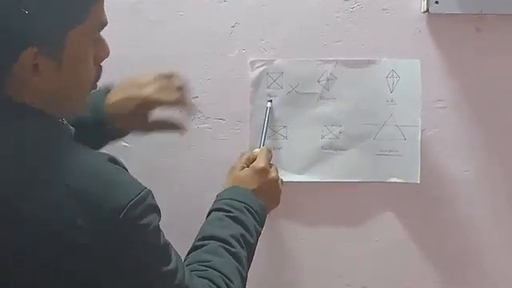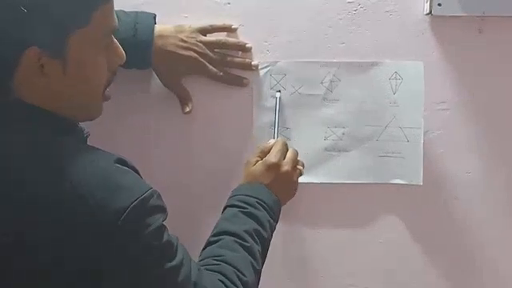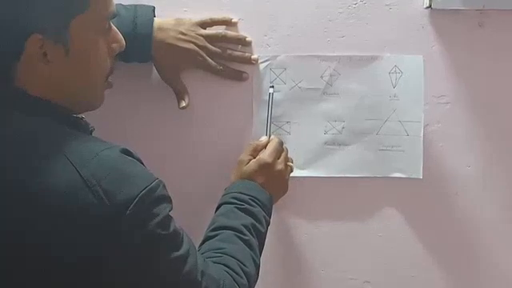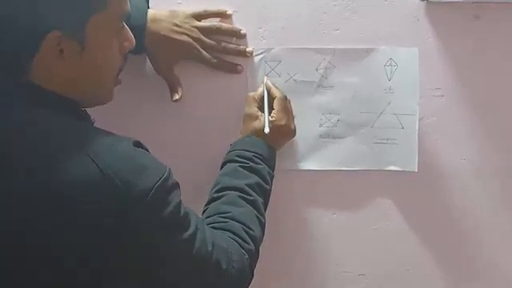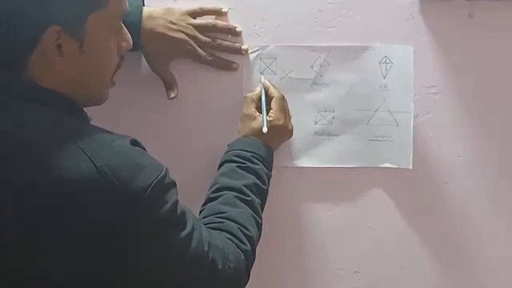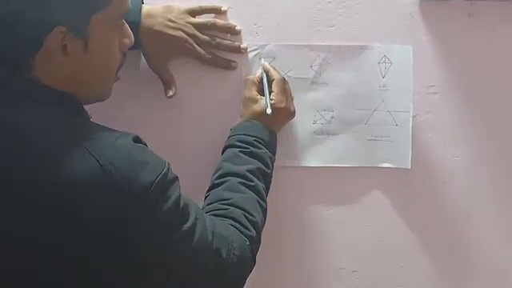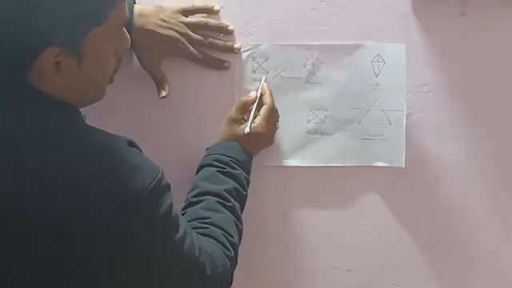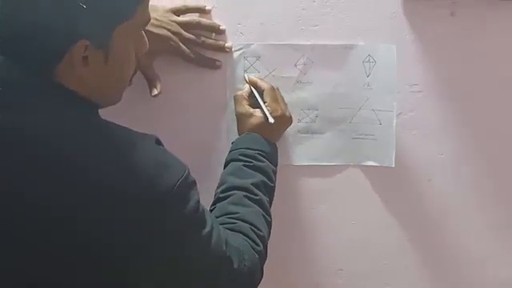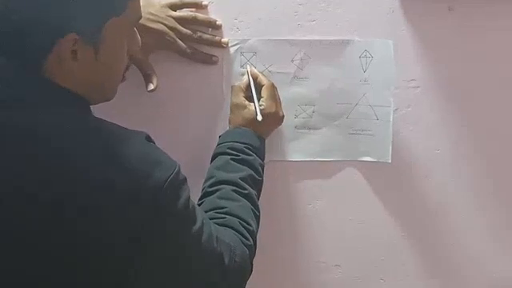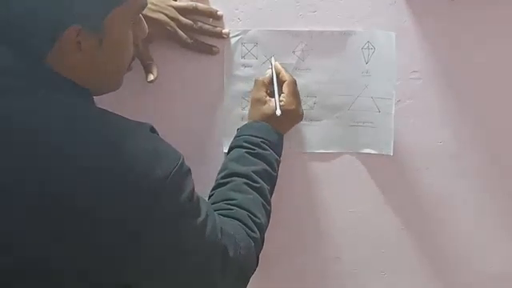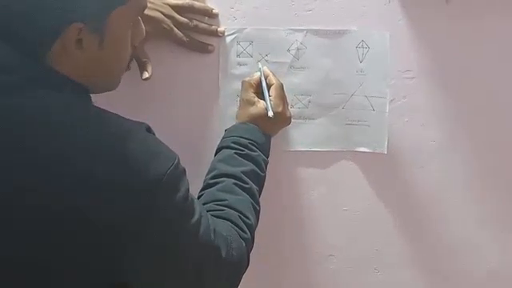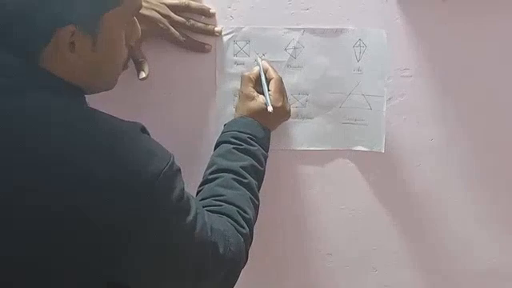Here four sides are equal to each other, as well as all the angles are 90 degrees. Adjacent angles are 90 degrees, and the diagonals bisect each other. It means that they divide in an equal manner. So this is equal to this one, and this is equal to this one.